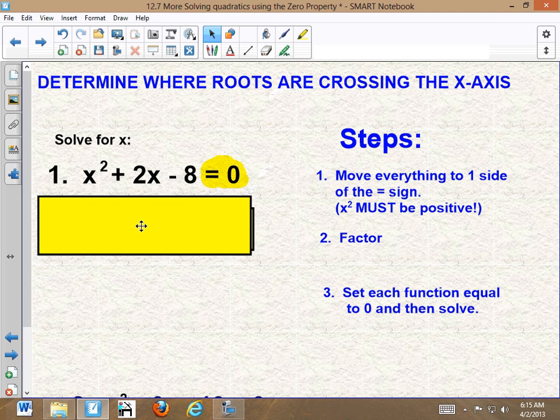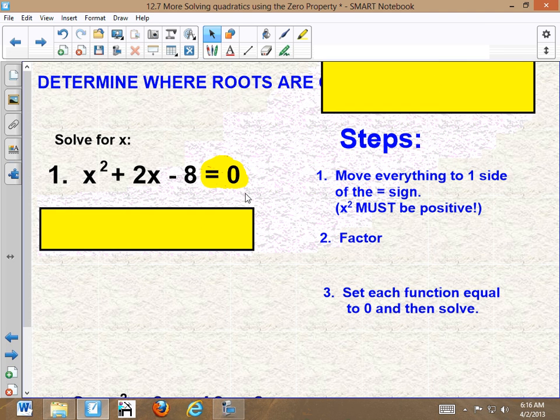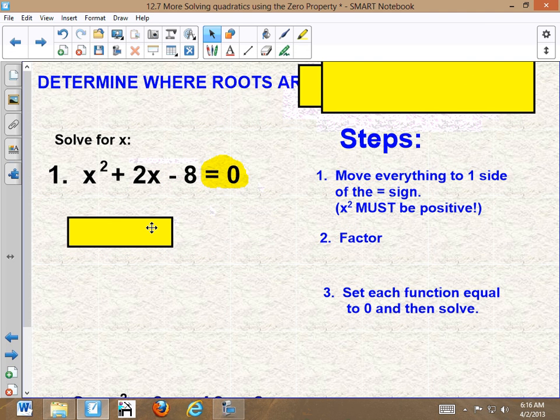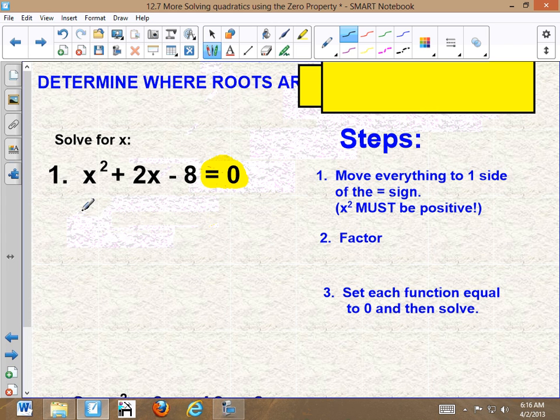Because it's set equal to 0, not only do I have to factor, I also have to solve for x. Okay? So the first thing I'm going to do is factor. Two numbers that multiply to give me -8 but add up to 2. I'm going to go with positive 4 and -2. 4 times -2 gives me -8. 4 minus 2 gives me 2.